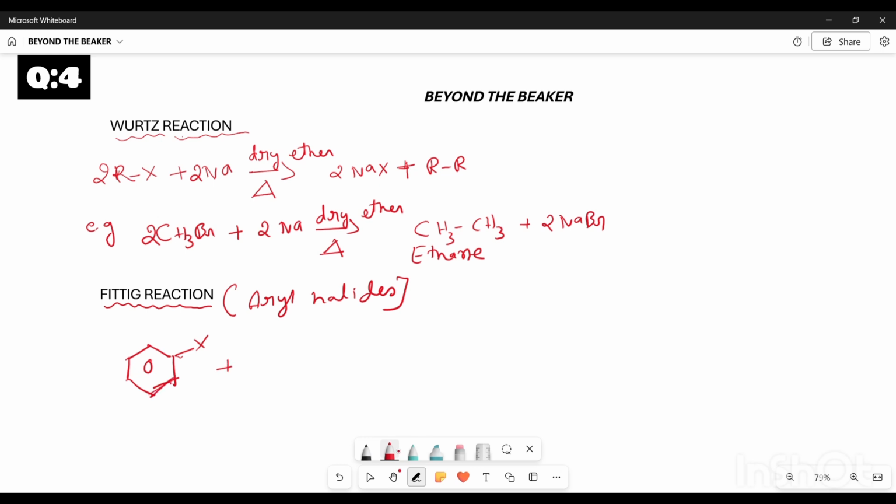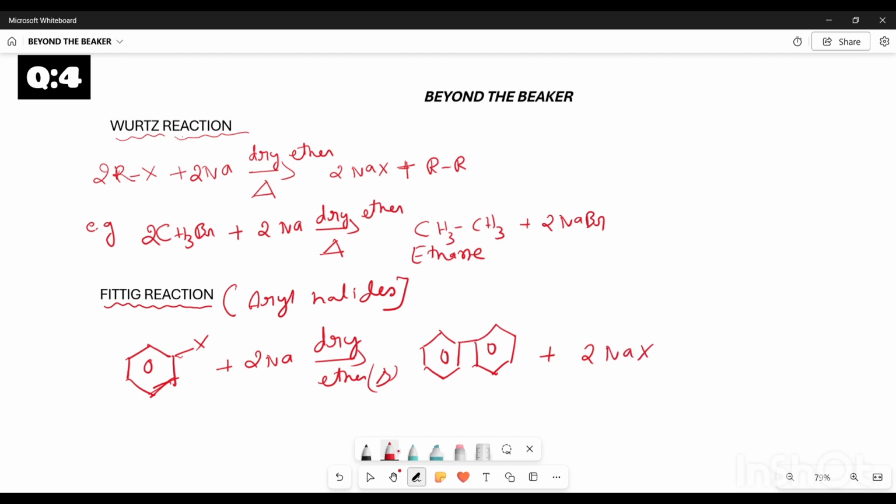When aryl halides are heated with metallic sodium in dry ether, I get biphenyl or diphenyl, along with 2NaX.